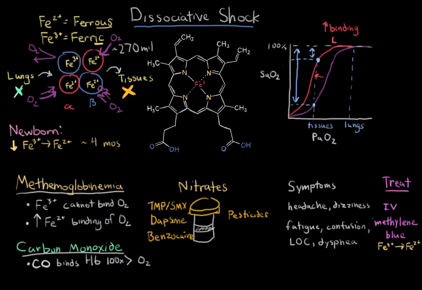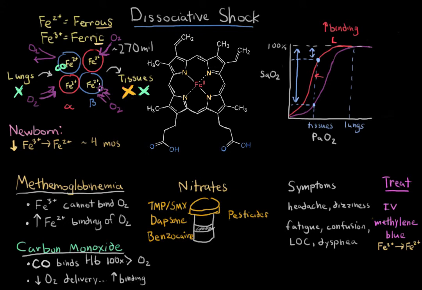And similar to methemoglobin, if carbon monoxide is bound to hemoglobin, then oxygen will bind more tightly to these other subunits. So it creates a conformational change, a change in shape of hemoglobin, preventing the release of oxygen into the tissues. So going back down here, we have decreased oxygen delivery, which is due to increased strength of binding.